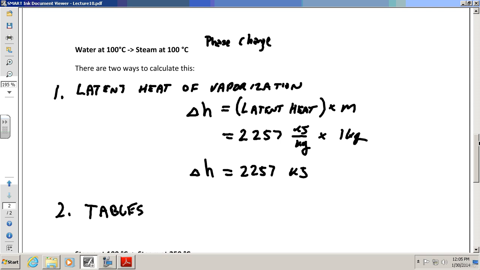Because if you take a look at your tables for saturated water, and you look at 100 degrees Celsius, and you look at the evap term for H, it'd be HFG. It's equal to 2257 kilojoules per kilogram. So you get the same answer. It's the same thing. It literally is the same thing.